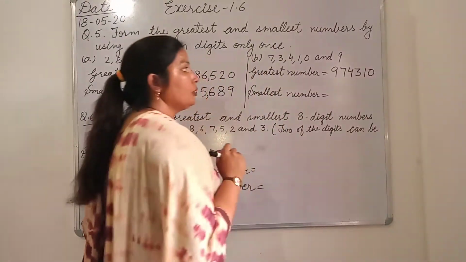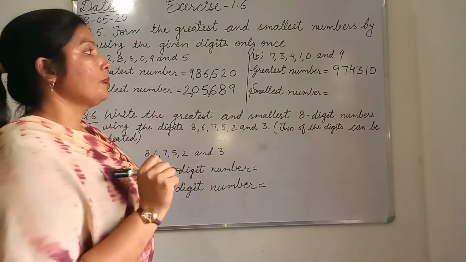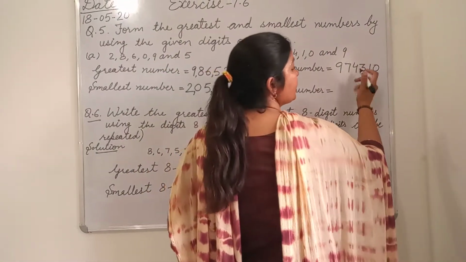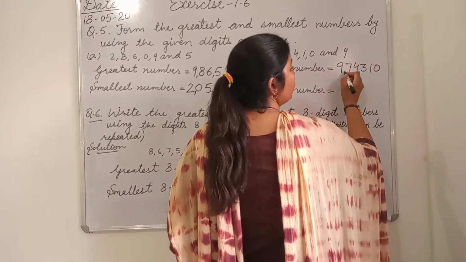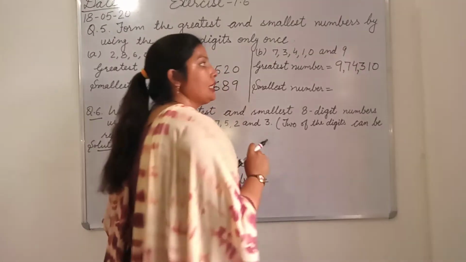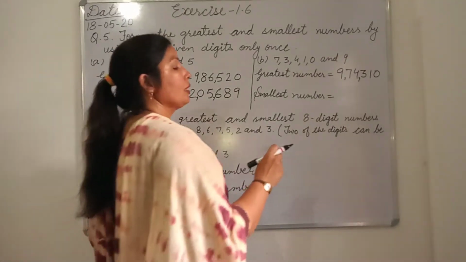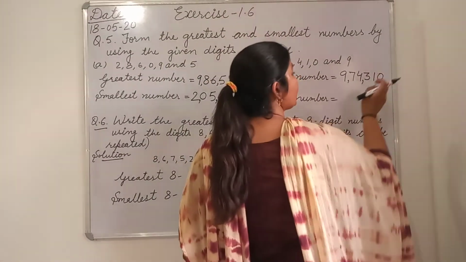Okay, we should arrange from greater to small. Now we should put commas to separate the period. Ones, tens, hundred, thousand, 10,000, and this is lakhs. 9,74,310. Okay.